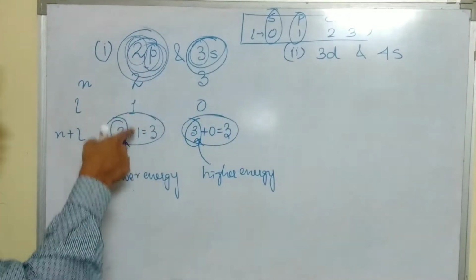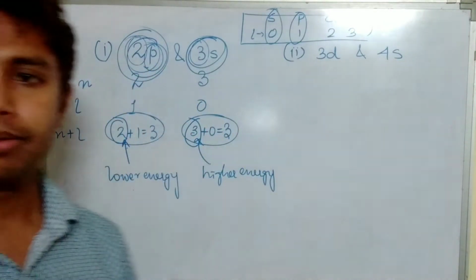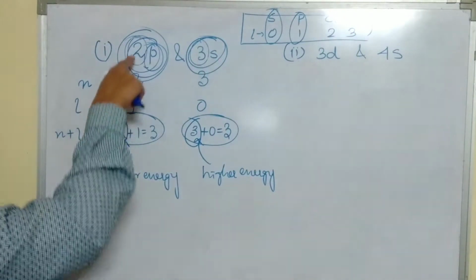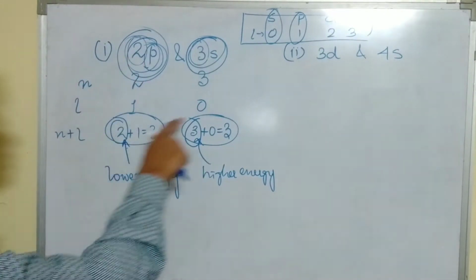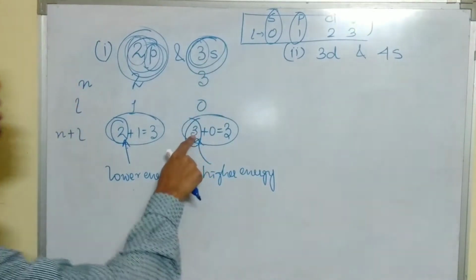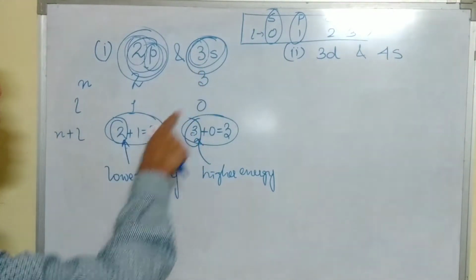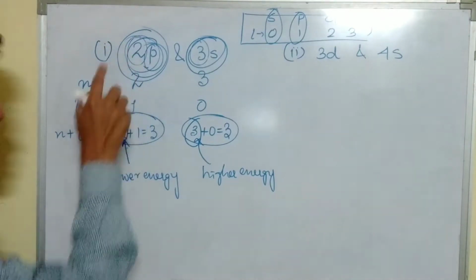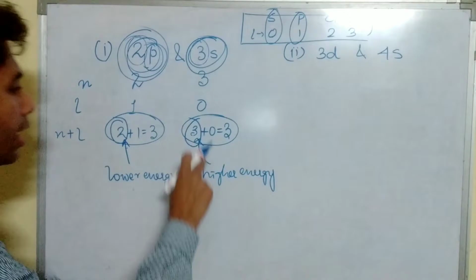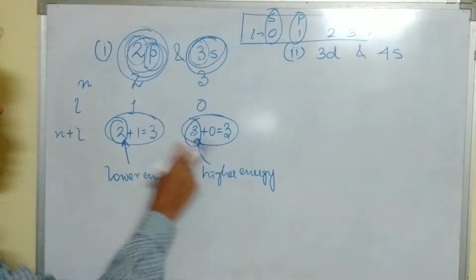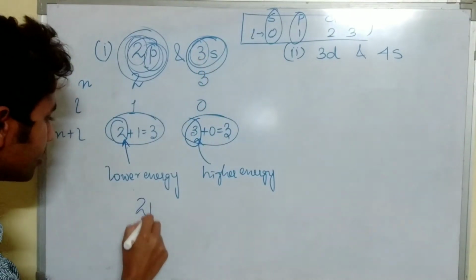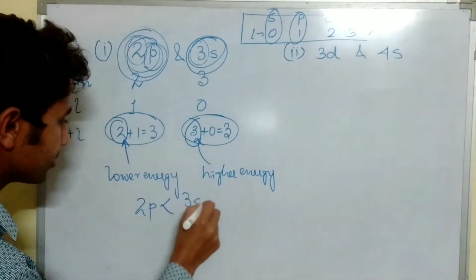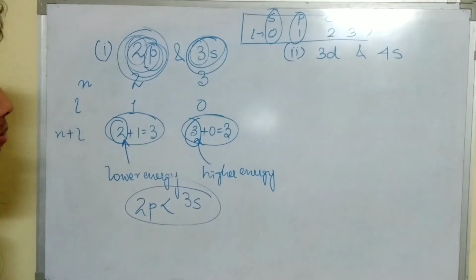Here 2p has the lower n value and 3s has the higher, that is 3. So 2p will have lower energy in comparison to the 3s orbital.